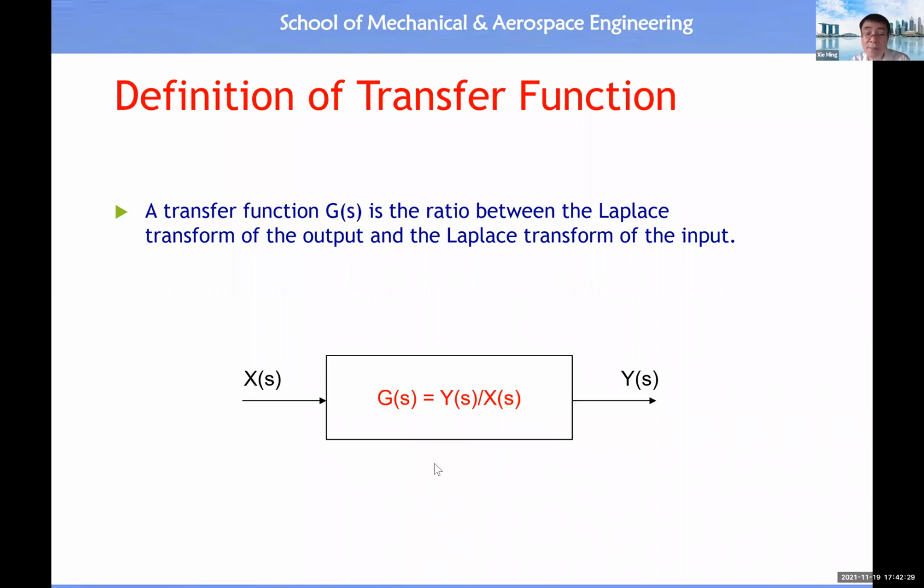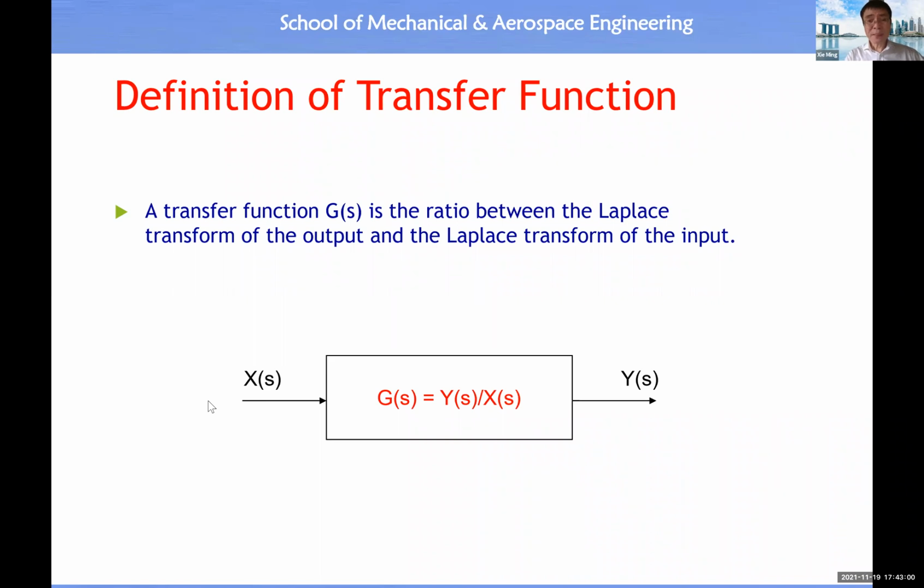A transfer function means the ratio between the Laplace transform of output and the Laplace transform of input. Its application is to transform input signal to output signal by doing multiplication. All these occur in frequency domain, but not in time domain. This is an extremely useful result.